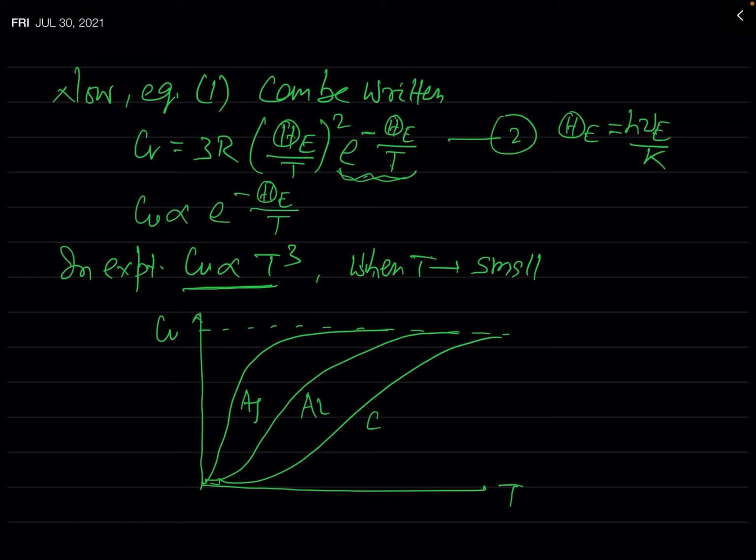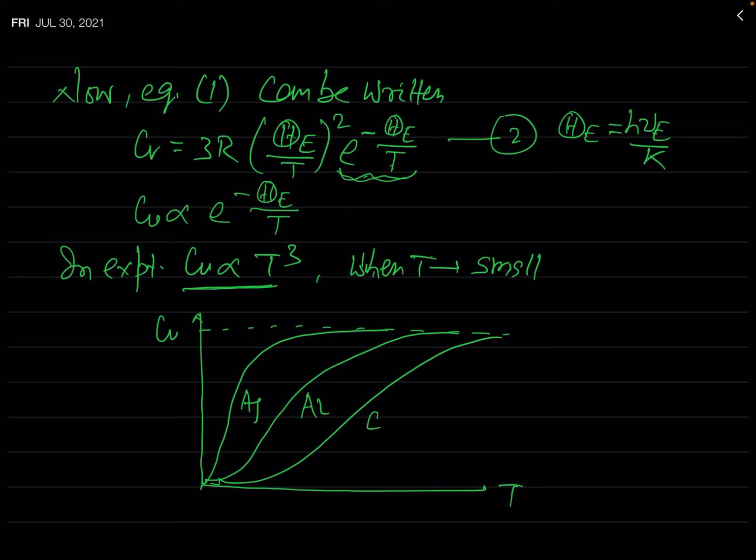However, as I have told you and shown in this graph, in case of some of the elements like copper, aluminum, iron, carbon, or diamond, it is observed that the specific heat at low temperature decreases more slowly than predicted from Einstein's theory. Not exactly do these solids obey Einstein's formula.